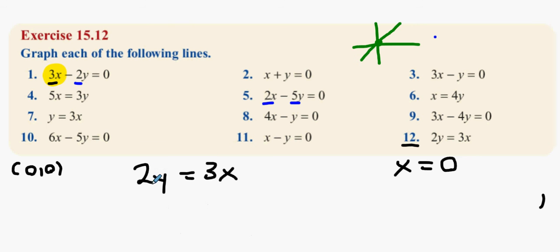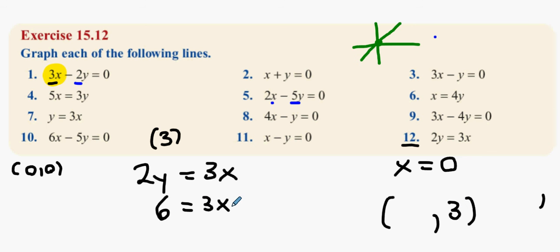They're 2 and 3. What number will they both divide into? 6. So I can either pick 3 for y, or I could pick 2 for x. Doesn't matter, does it? So I'm going to pick it for y this time. I'm going to let y equal 3. So when I say y equals 3, it means the y coordinate is 3. 2 times 3? 6. x will have to equal 2. So that's the point 2, 3. So it's 0, 0 and 2, 3. Same as last time, isn't it?